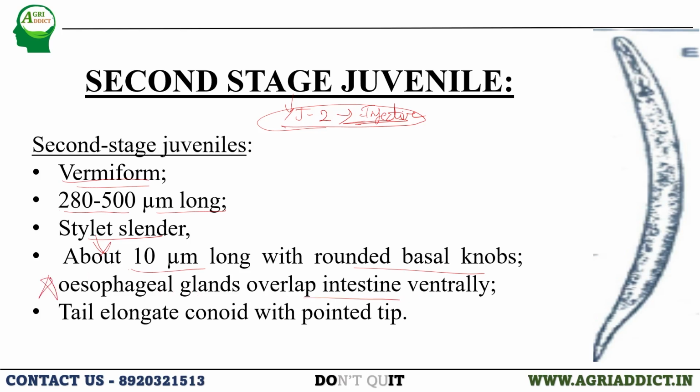This is important because it also varies from one nematode to another. Here the esophageal glands overlap the intestine ventrally, while in some nematodes they overlap dorsally. Tail elongate, conoid with a pointed tip. You can see in the picture, this pointed tip is the tail.